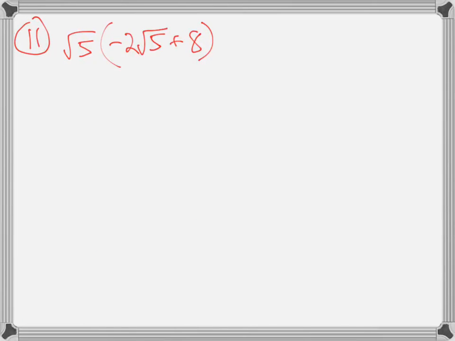Okay, try that one. Same kind of thing. So take that root 5 on the outside and multiply both those terms on the inside. So insiders stay inside, outsiders stay outside.